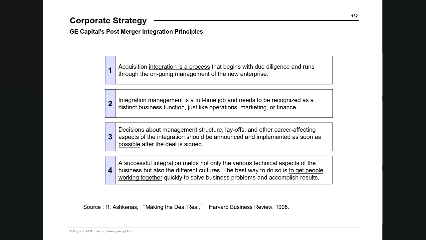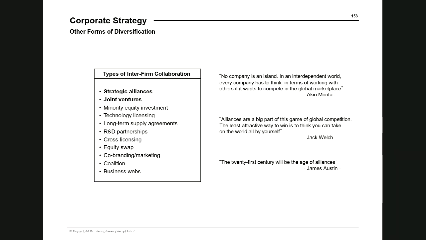Okay, and there is an example of GE and GE's post-merger acquisition activities, probably. And then, other forms of diversification: there is strategic alliance.